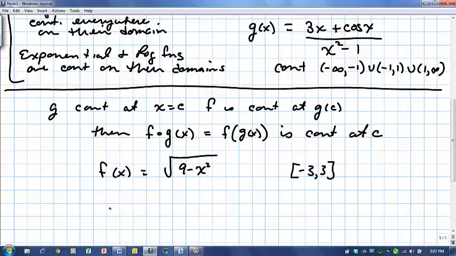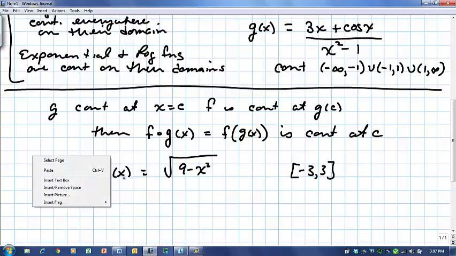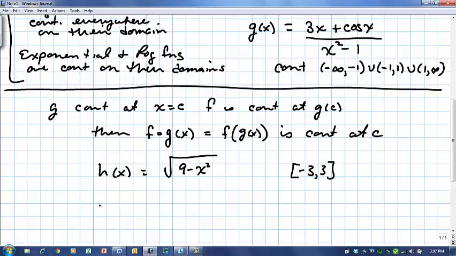Because first of all, the function, let's give this a different name, let's call it h of x for now. So we can let f of x be the square root of x, and we can let g of x equal 9 minus x squared. Okay? So this is continuous everywhere. This is continuous for all values greater than or equal to 0.